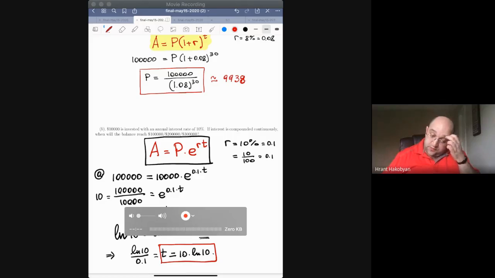If you calculate this, 10 times the logarithm of 10 is approximately 23 years.